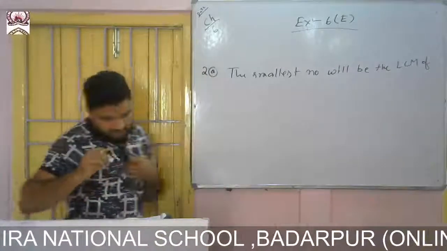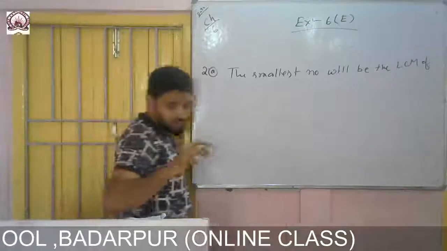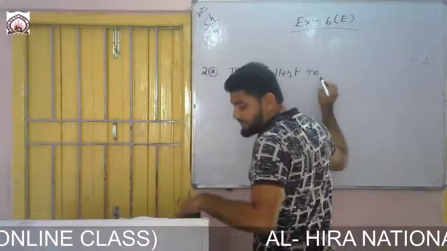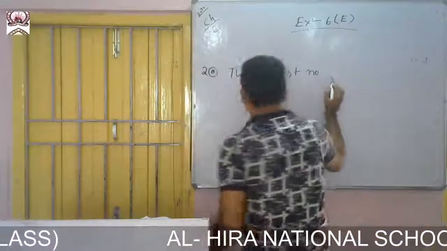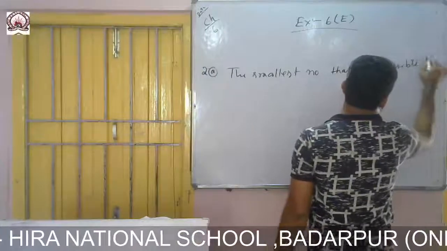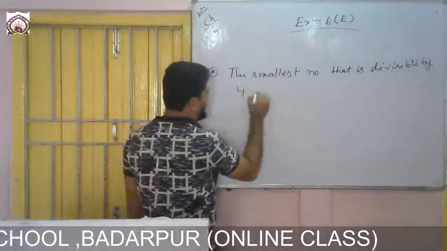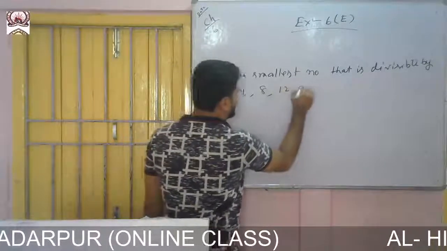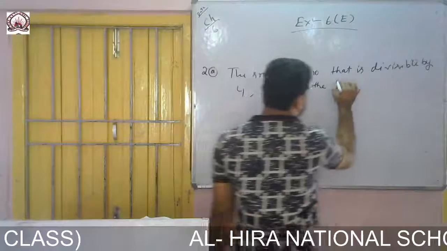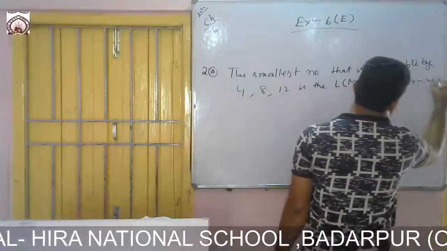The smallest number that is divisible by 4, 8 and 12 is the LCM of the given numbers.